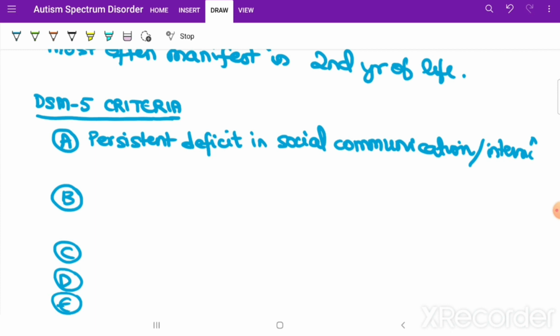There's a deficit in non-verbal communicative behavior, like abnormality in eye contact, abnormality in body language, or deficits in understanding and use of gestures. Even deficits in developing, maintaining and understanding relationships are also a part of this persistent deficit in social communication and interaction.